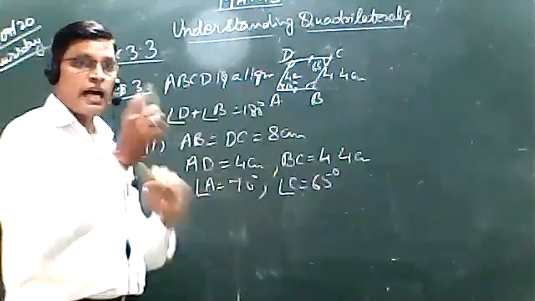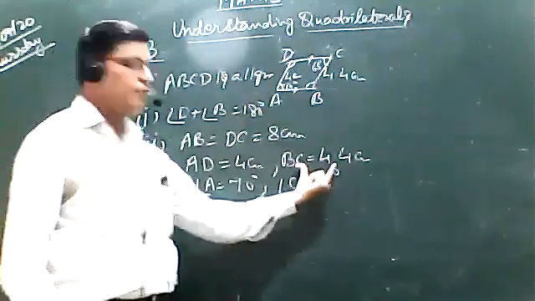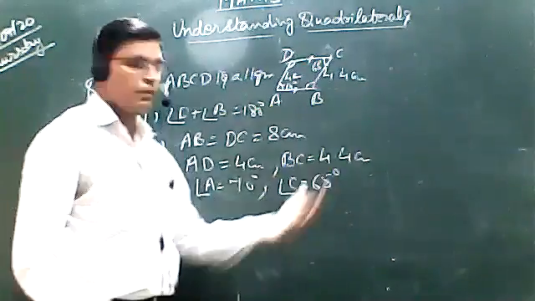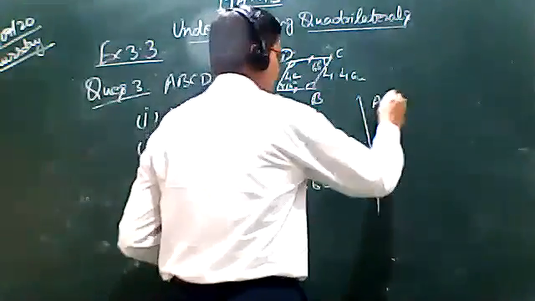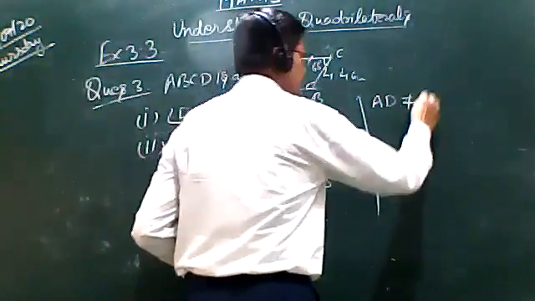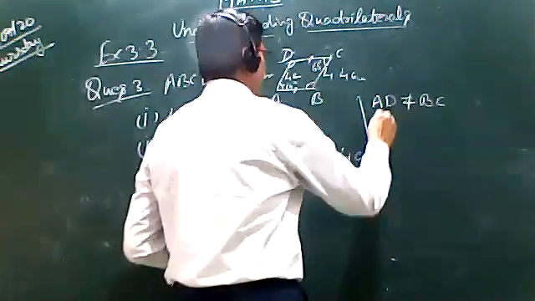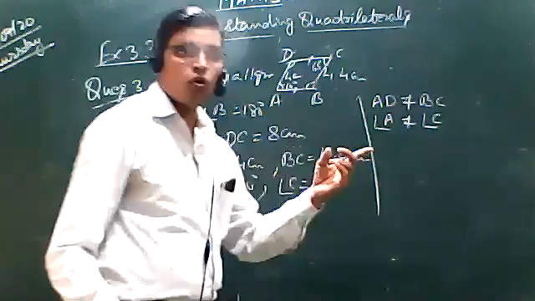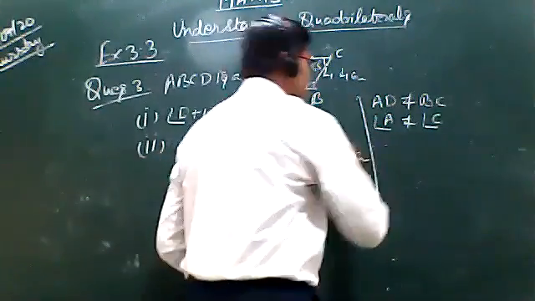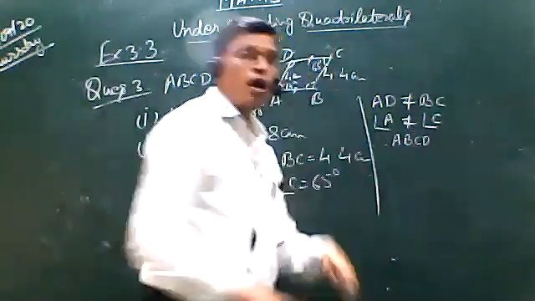And opposite sides are always equal, but AD is 4 centimeter and BC is 4.4 centimeter. Therefore, we write here, AD is not equal to BC, and angle A is not equal to angle C. Therefore, ABCD is not a parallelogram.